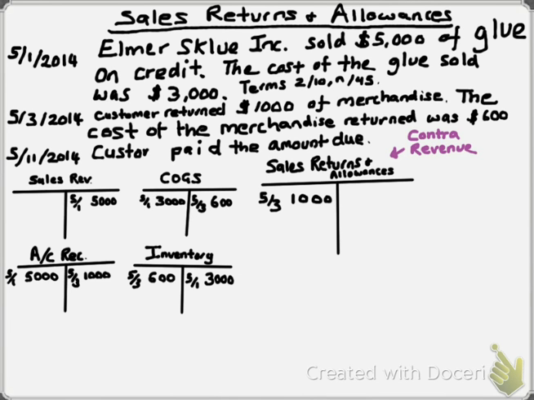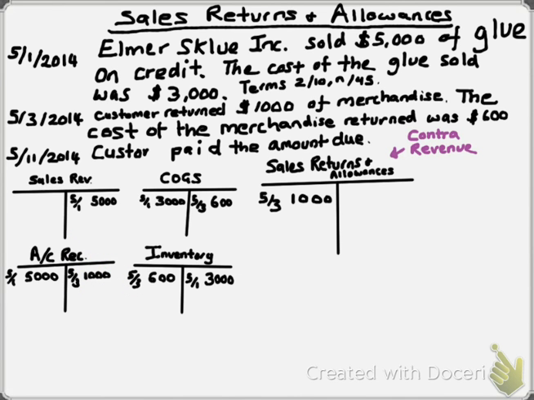Now, on May 11th, the customer paid the amount due. We know that the customer is still within the discount period. Remember, 2, 10, and 45, that was our terms. And our discount period, as long as the customer pays on or before the 11th of May, they're still within the discount period. So let's figure out how much is the discount. Remember, the discount is the $5,000 minus $1,000.